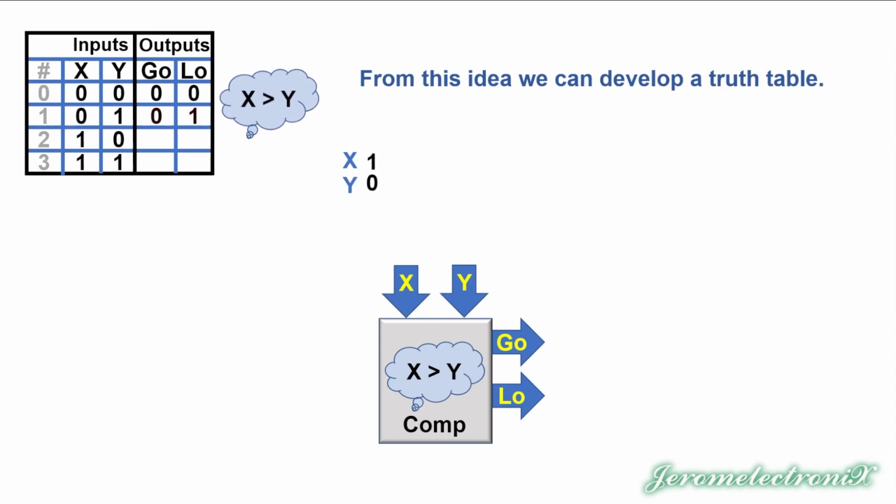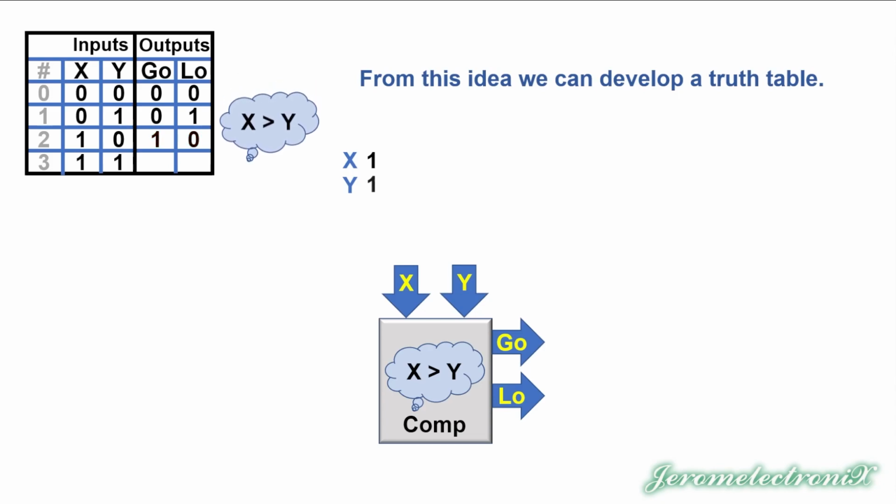Going to the next row, in this case what we've got is X does happen to be greater than Y, so we will put a 1 in the greater than output port. X is not less than Y, and so we won't put a 1 in the less than output, we will put a 0.